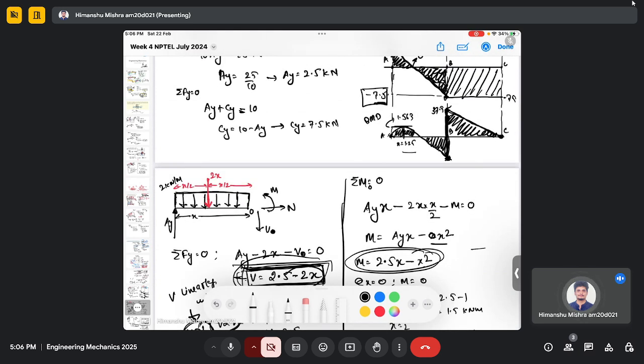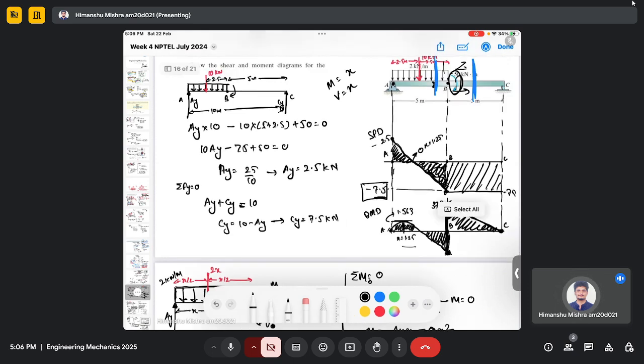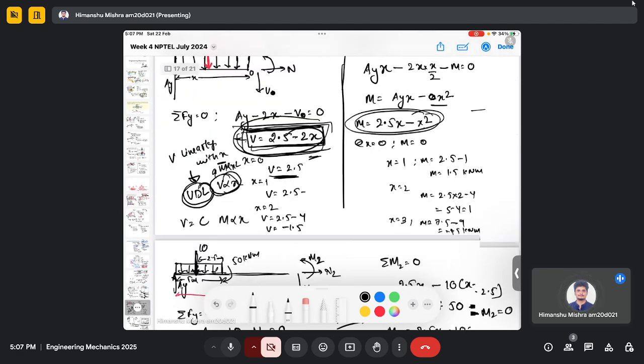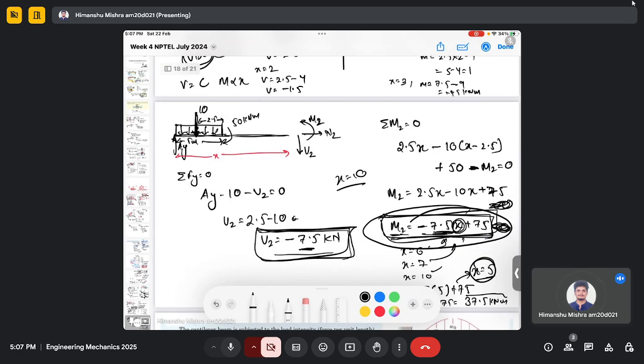Then we repeat the analysis where we split the beam between B and C, and we saw that the shear force is constant once it reached minus 7.5 from the earlier analysis. Our current analysis also says the same, that it always remains at minus 7.5. But for the BMD, there is a huge jump because of this couple, and then there is a reduction till C, and that reduction can be defined by this expression minus 7.5x plus 75.